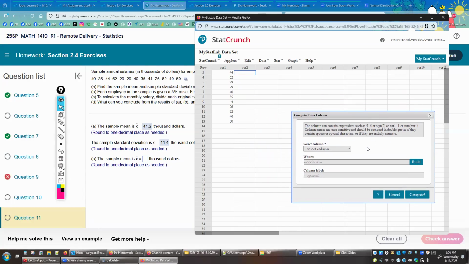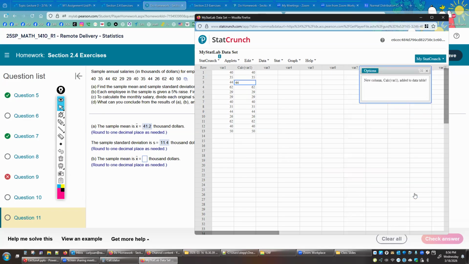All right, so I'm going to take var1 and compute. Interesting. It didn't do anything.